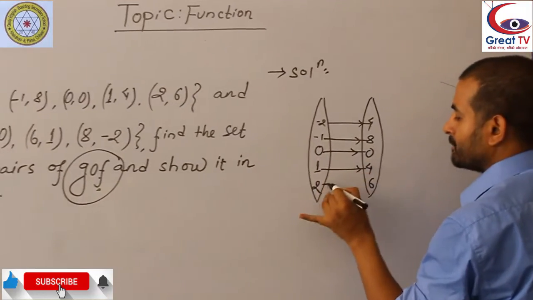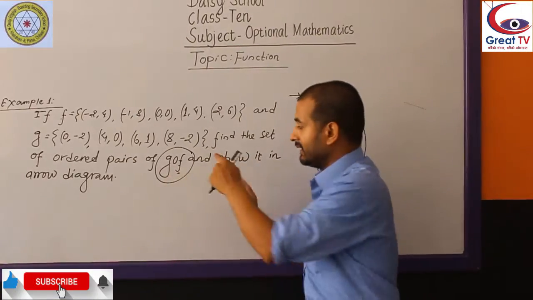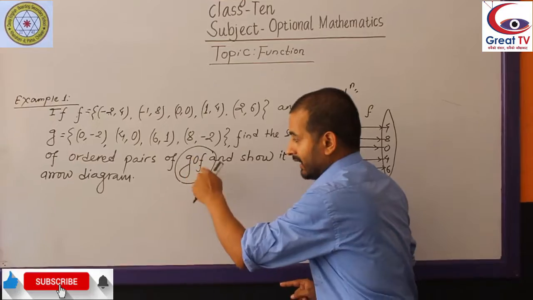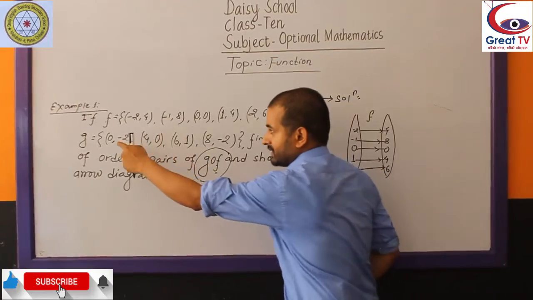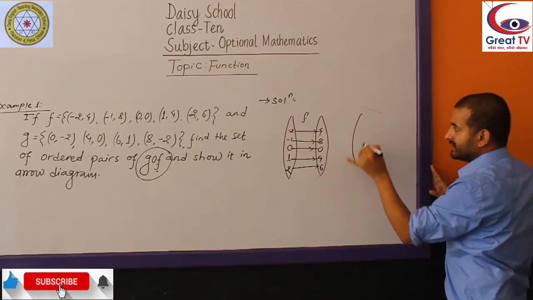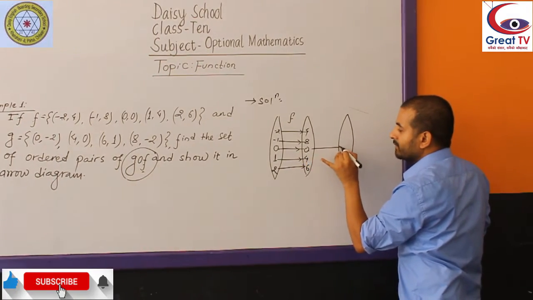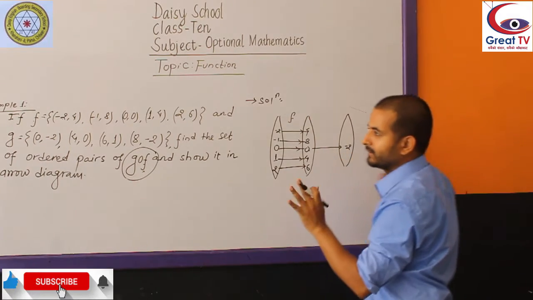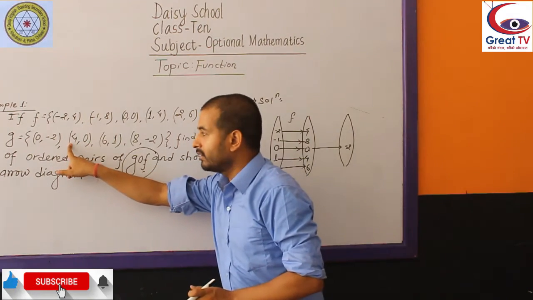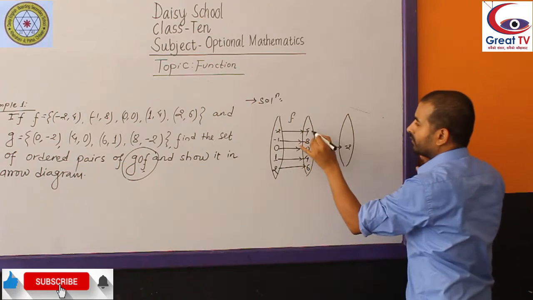And the second function g. f is followed by g. f is first, g is second. In g, 0 becomes -2. Find 0 here. Now find 0 here. 0 becomes -2. Remember, 4 is processed, output is 0.